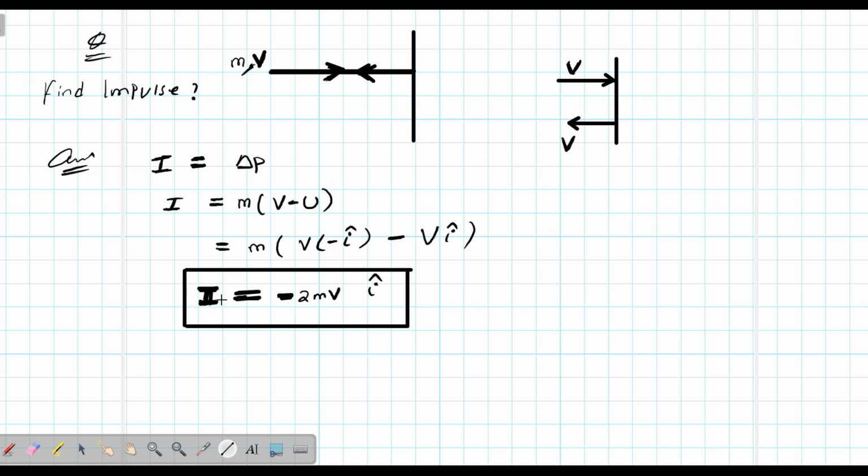So I equals to minus 2mv I cap. That is the impulse.